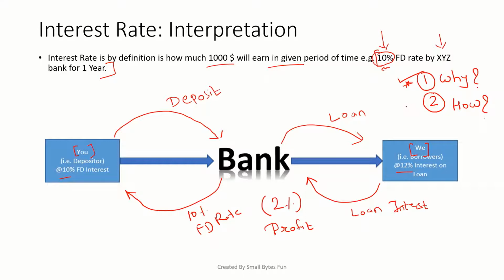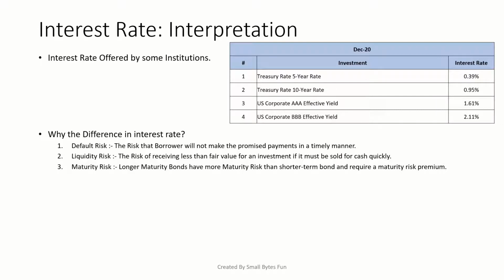Now let's jump over to the second question, that is how. How exactly does the bank arrive at this percent, that is the 10% fixed deposit rate? Let's start understanding how interest rates are derived. Here you see some examples of US Treasury bills of 5 years, 10 years, AAA, BBB.